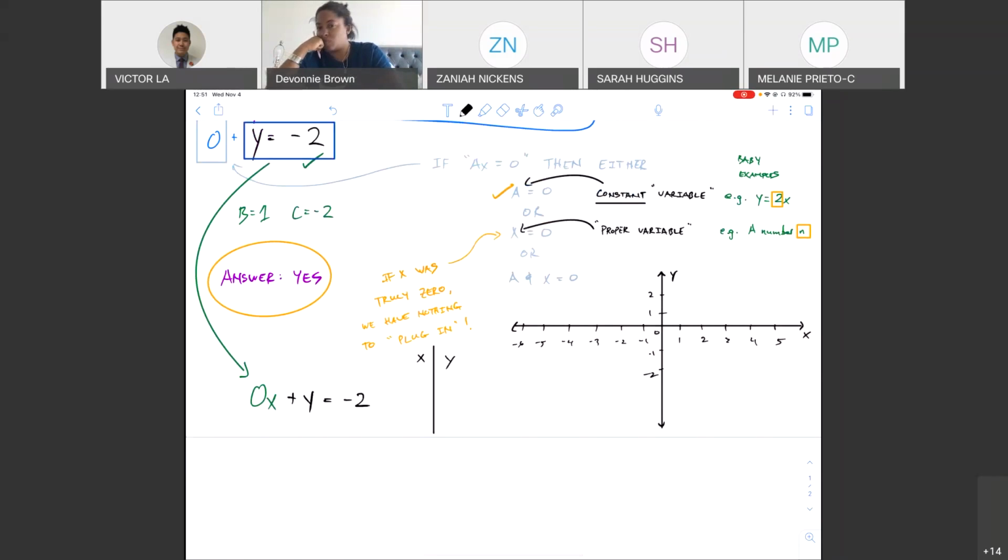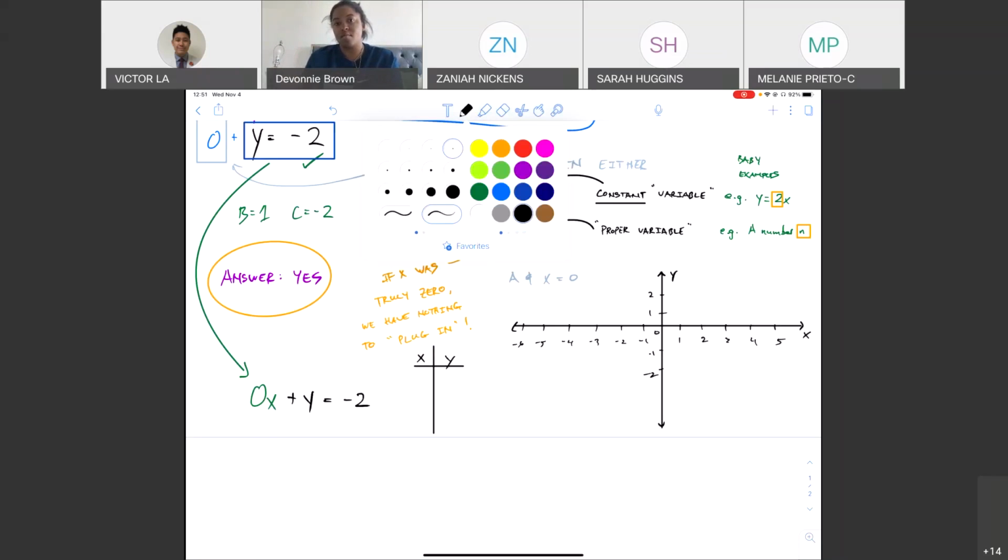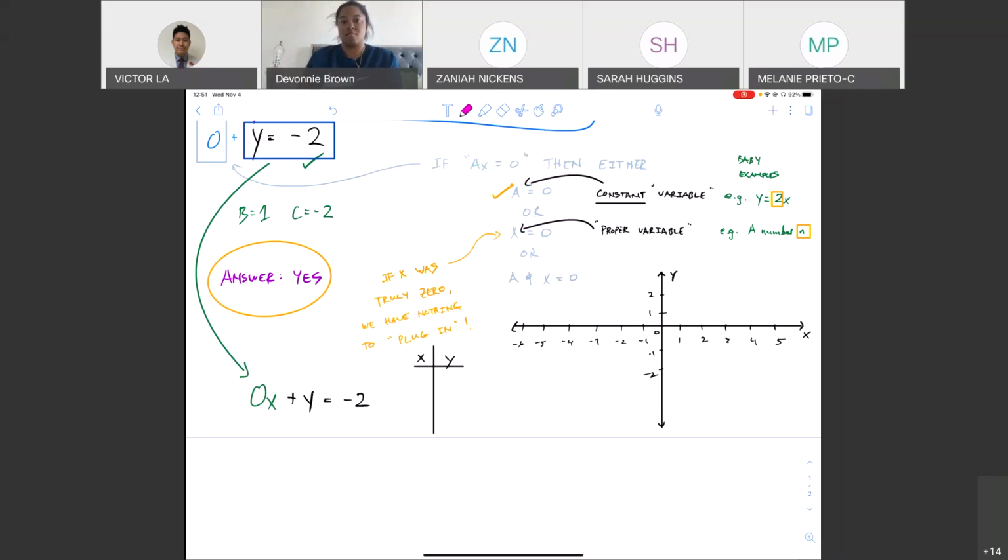Sorry, I'm trying to keep everything on one page because I want to keep this all neat. So I'm going to use different colors now. Let's use pink first. We plug in 0 for x, and we're looking at this equation that's next to the chart, the 0x plus y equals -2.